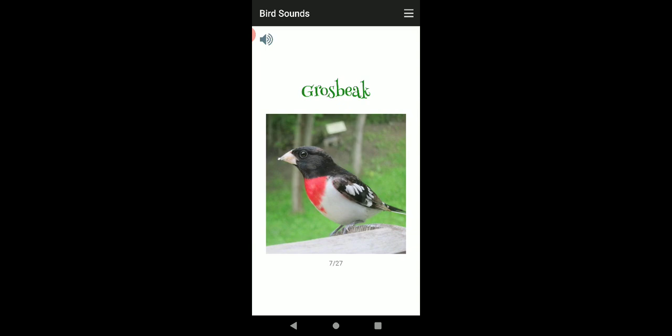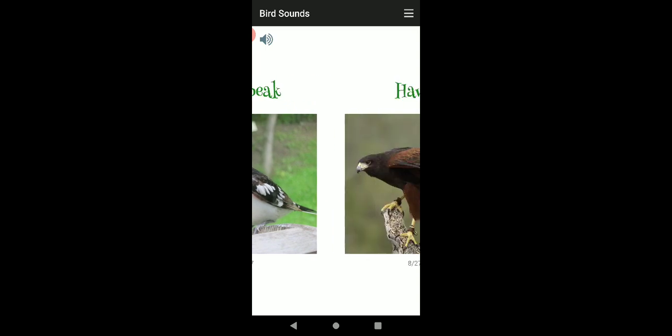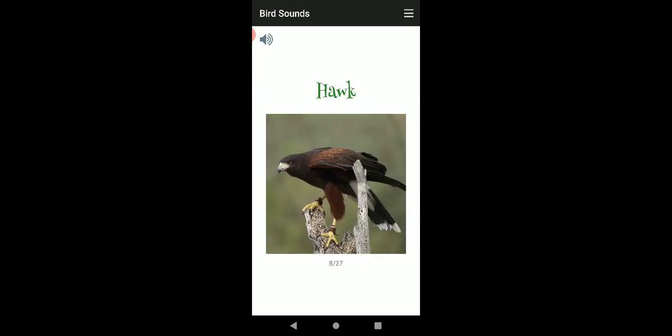Grosbeak. How does this bird make sound?